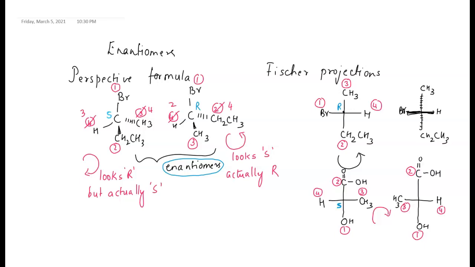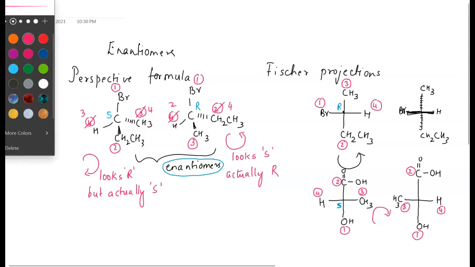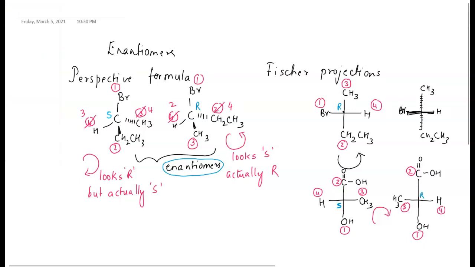Looks like S, but actually it will be R, because since hydrogen is not on the vertical bond but is on the horizontal bond, the configuration is actually R. So here we have the configuration as R. So since one is S and the other is R, we have a pair of enantiomers.